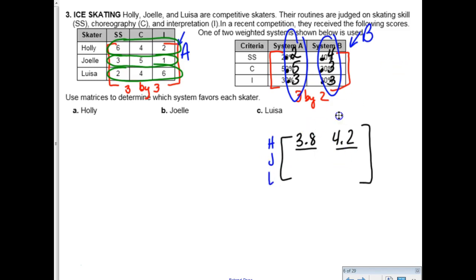And then the first column is system A, and the second column is system B. So for Holly, she's going to be scoring a higher average score on system B. When you look at Joelle, she was a 3.4 versus a 3, I believe, so it looks like Joelle is benefiting from system A. And then Louisa was 4.2 and 3.8, so Louisa is also benefiting more from system A.